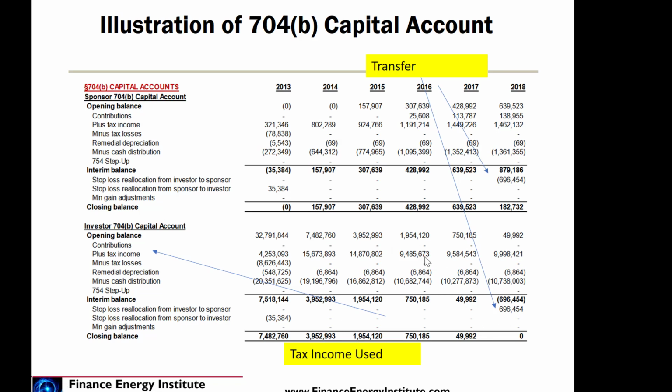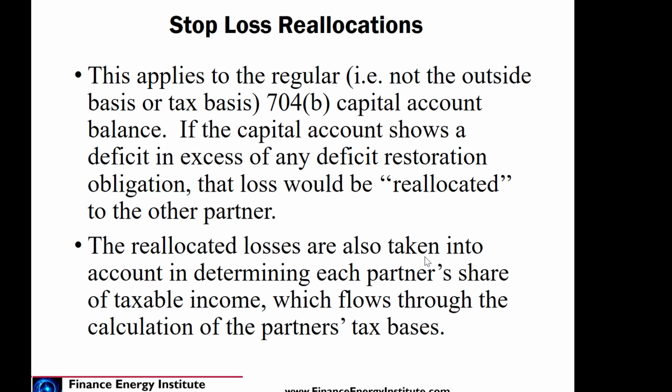It's kind of like that suspended loss. And so they have these stop loss reallocations. I hope you see that it gets allocated from one partner to another, but that's not in that outside basis thing. Maybe it's called not outside basis because you have these movements between one partner and another inside the partnership.